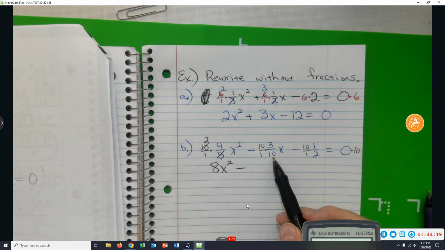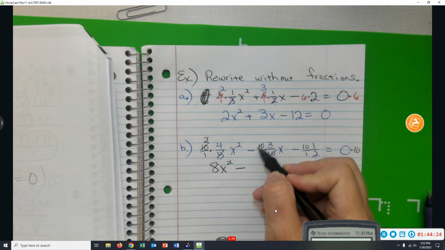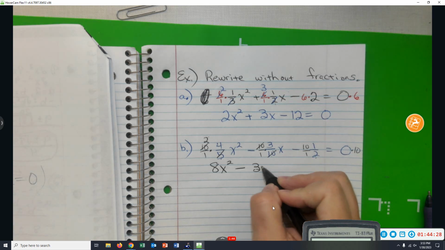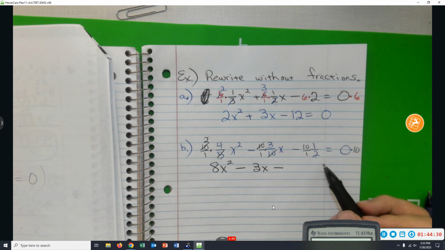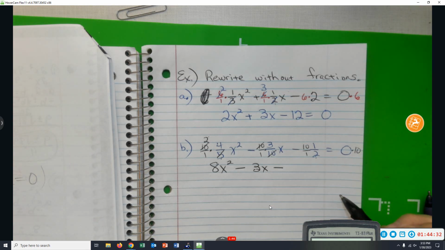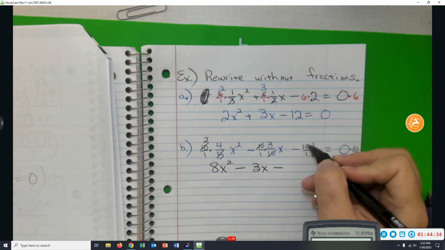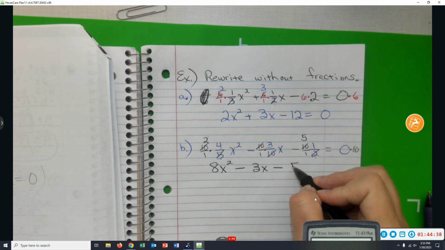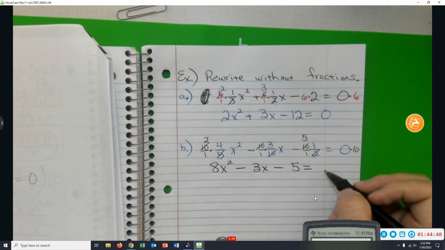Is 10 going to cancel out here? Yes, 10 goes into 10 one time. What are we left with? 3x minus, here, 2 goes into 10 5 times. 5 times 1 is 5. And here?